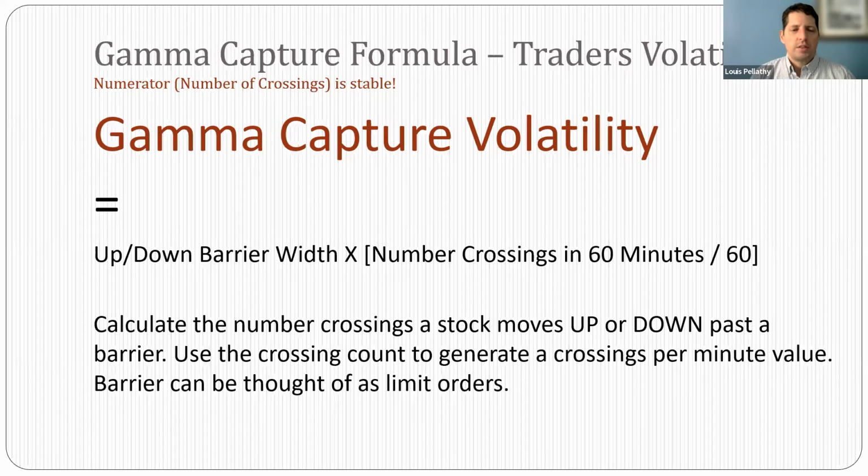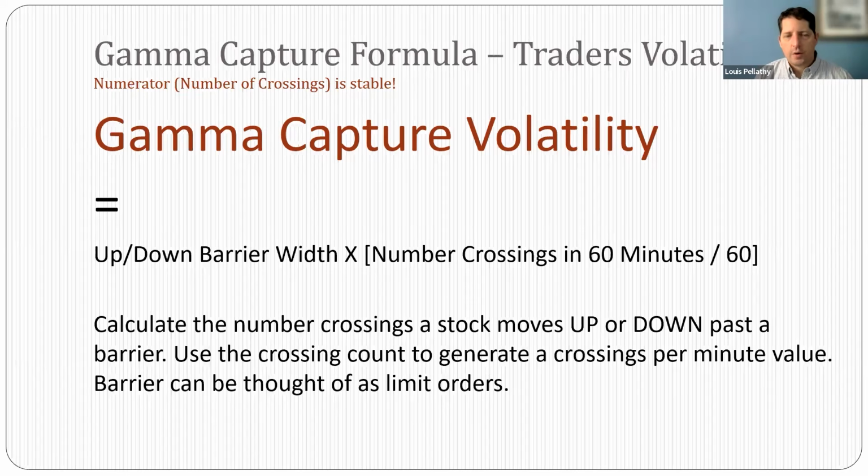If you look back 60 minutes and take a barrier of 0.25%, for example, up and down from the current stock price, as the stock crosses it to the upside you count those crossings, and you count the crossings on the downside, and you total the number of up and down crossings. Let's say it's 120 crossings in an hour, divided by 60 is an average of 2 per minute.